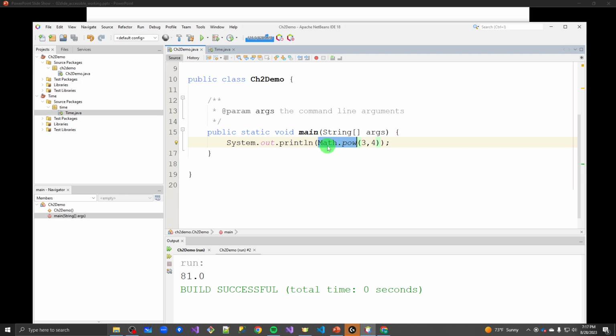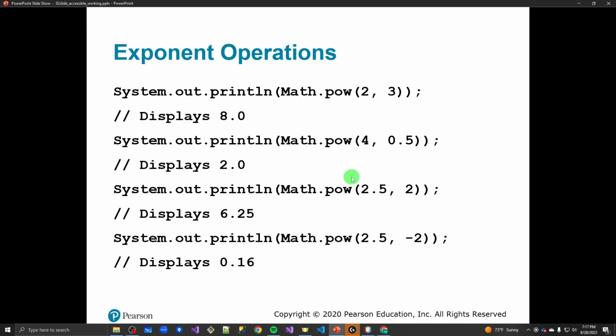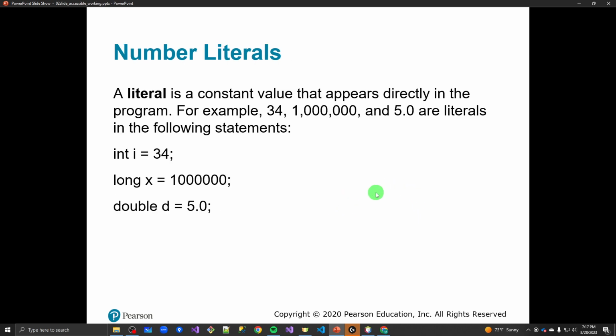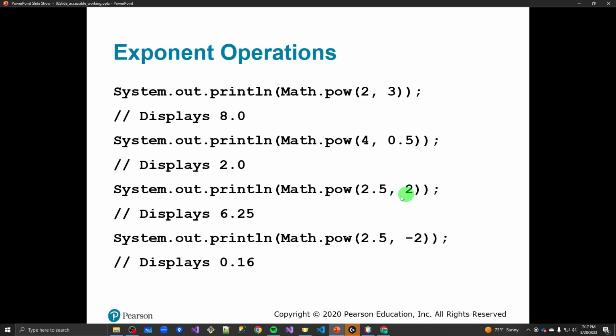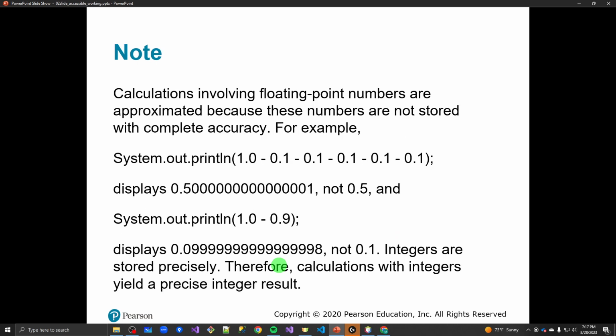That's a class that's built into Java. It's got a method called .pow, and its only purpose is to take one number and raise it to the power of another number. Okay, and we see examples. 2.5 squared is 6.25. 2.5 to the negative 2nd power is 0.16. Okay, so it'll do a lot of complicated math for us.